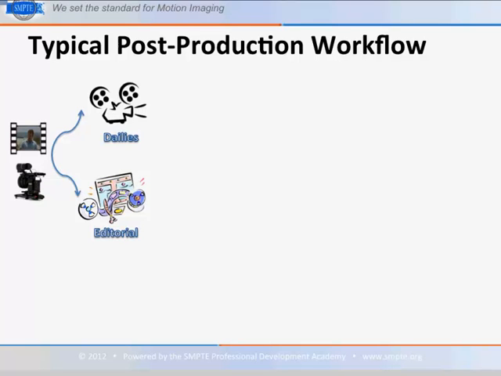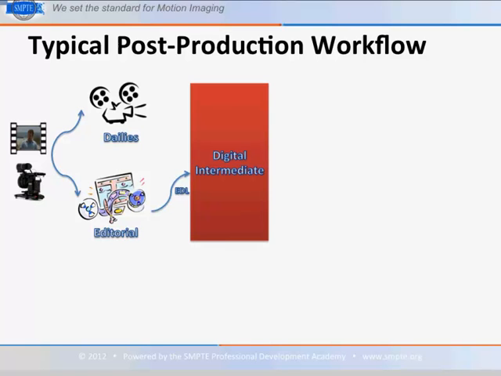Then once we have a picture lock, or at least pieces of the sequences that we want, we'll create an edit decision list and throw that into our digital intermediate process, or DI. This is where we conform back to the original camera files. There are some episodic shows that just finish through the editorial process and never hit the DI process.